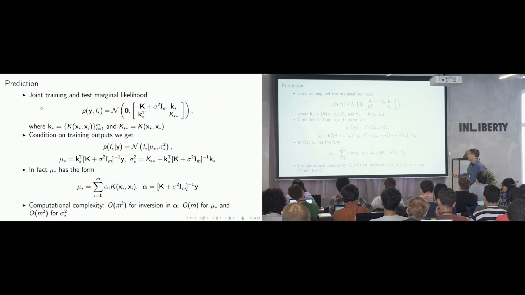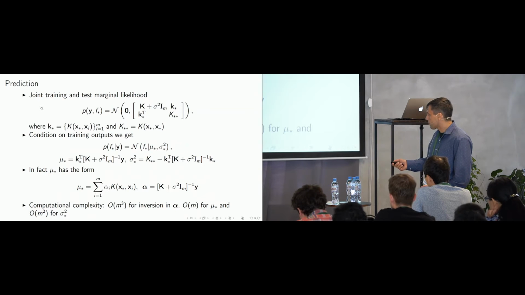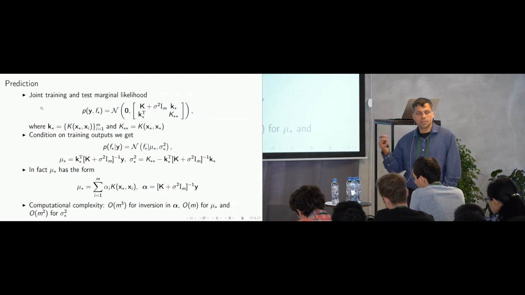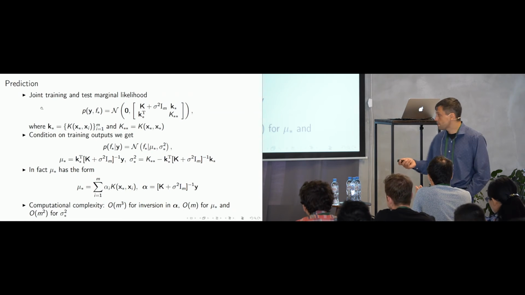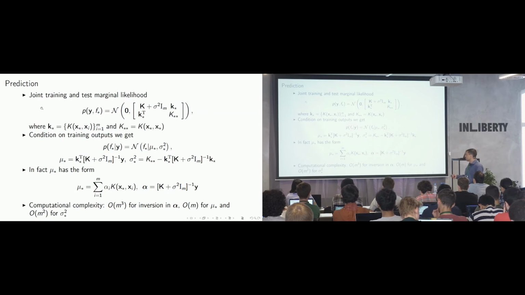Actually, we can represent this value mu star as a linear combination, with some coefficients, of the cross covariances between points from the initial sample and the new point x star. We see that this is exactly kernel ridge regression. It's a kernel regression because k is a kernel, and the parameters alpha can be calculated by this formula.